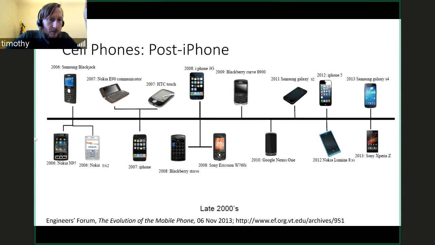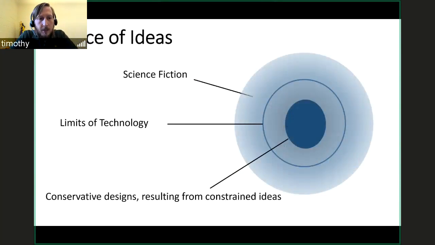It was similar to the Nokia, but the iPhone was the first one that really hit it home. And they were successful because of their human factors design. They were successful because they were looking at this idea space, and they were able to get out of the inner circle, and they were able to assess the limits of technology and live towards the edge, towards science fiction.